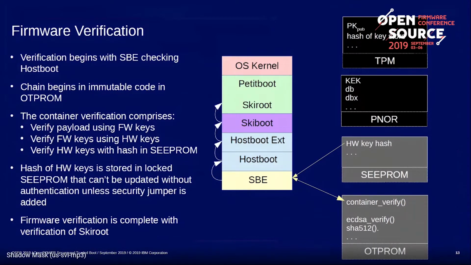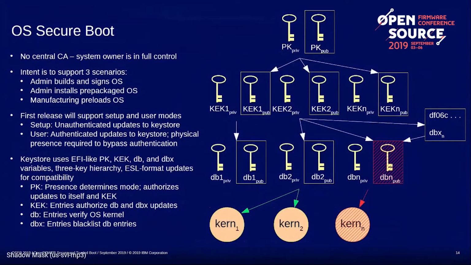So hopefully we don't have any bugs in it. I already mentioned you can update it with a security jumper. And then this chain of trust comes to an end. It's key root as well, and that's the layer that, remember, is our Linux kernel that executes our bootloader.